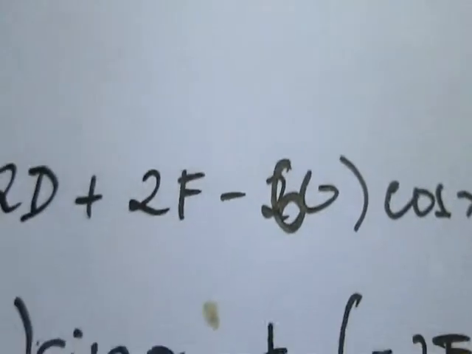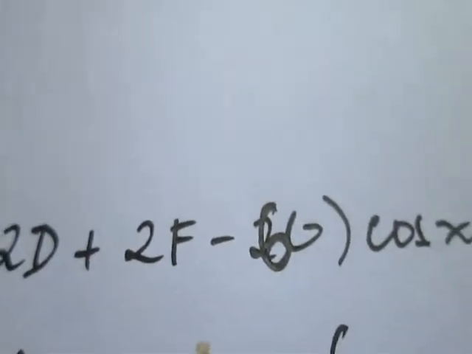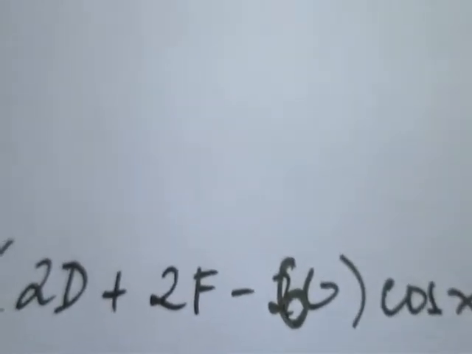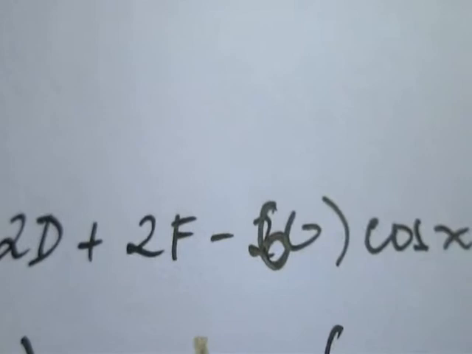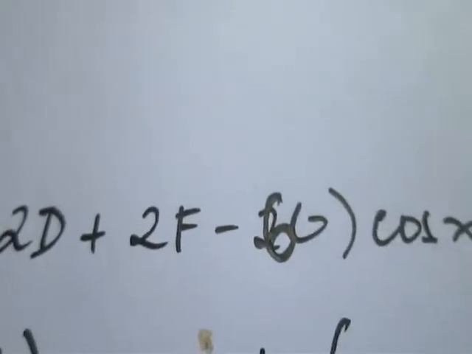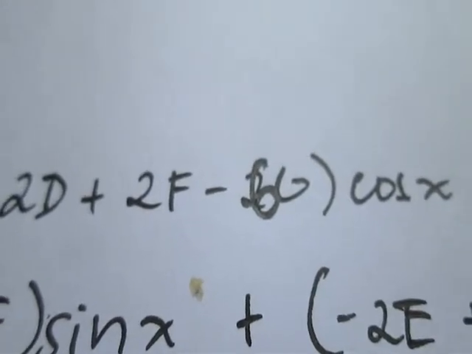So for our next term we have this 2d plus 2f minus 6g cosine x. Since we have no term which contains cosine x, we can write 2d plus 2f minus 6g is equal to 0.